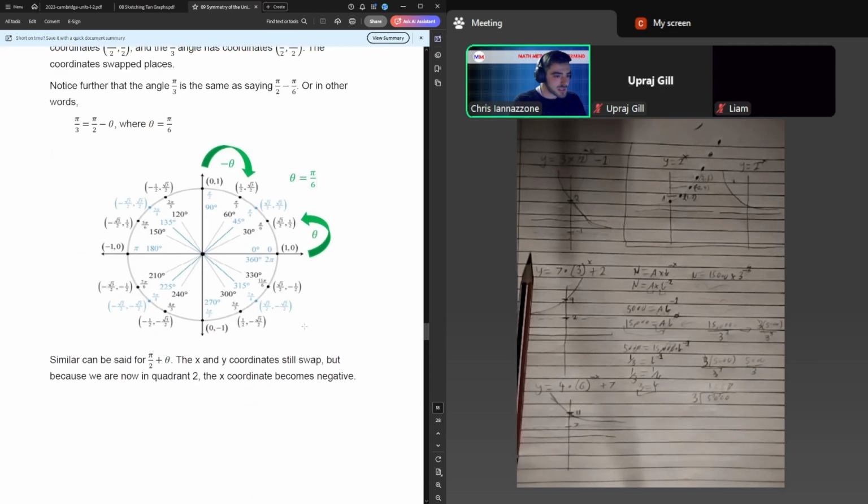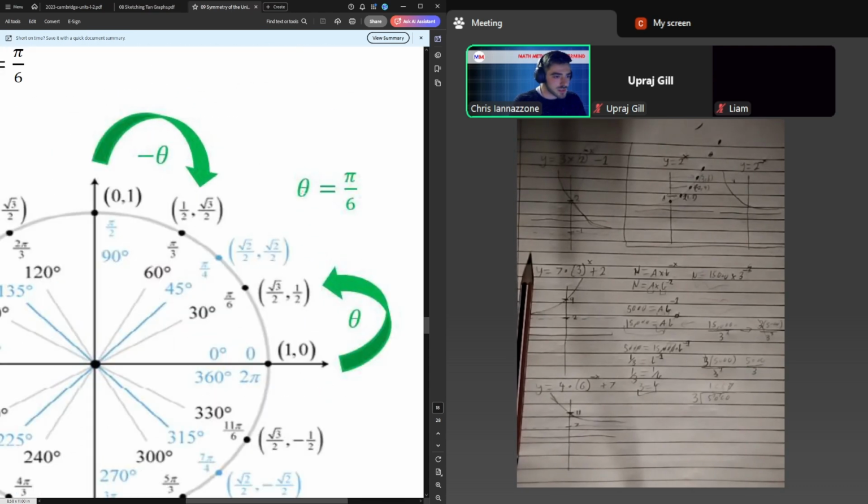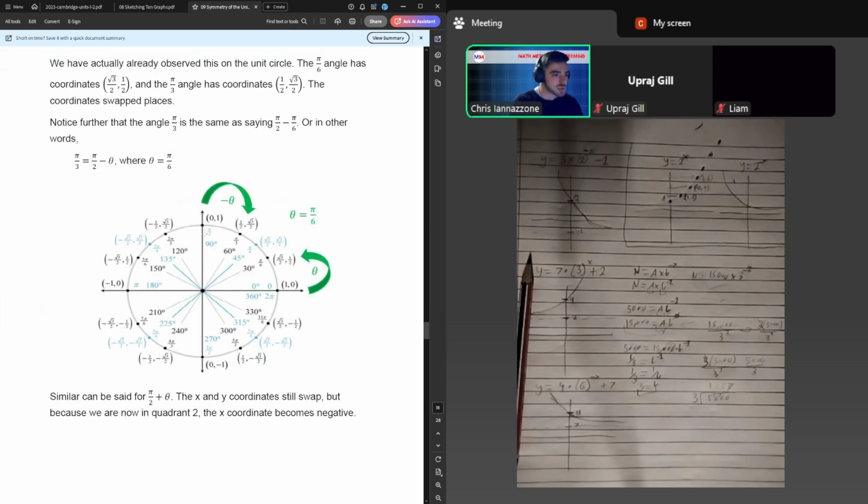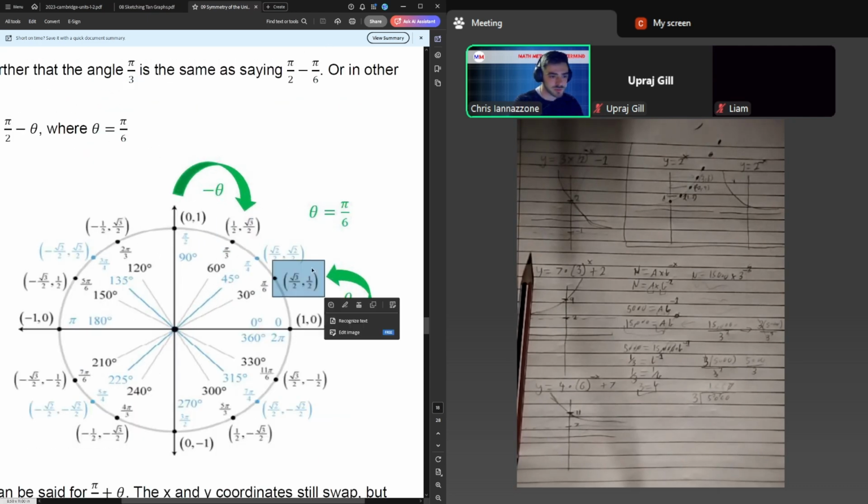If you ever need a memory anchor to remember what's going on there, just know that this is on the unit circle. Pi over 6 and pi over 3 have this exact same behavior, where they flip the order of their values. So pi over 6 and pi over 3 have that relationship, where if you do pi over 2 minus pi over 6, you do actually get here. You do achieve this flip.